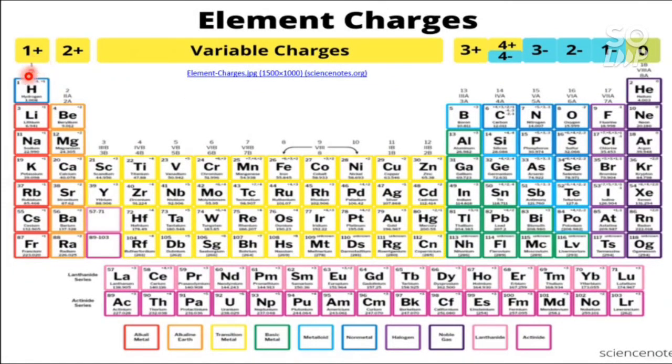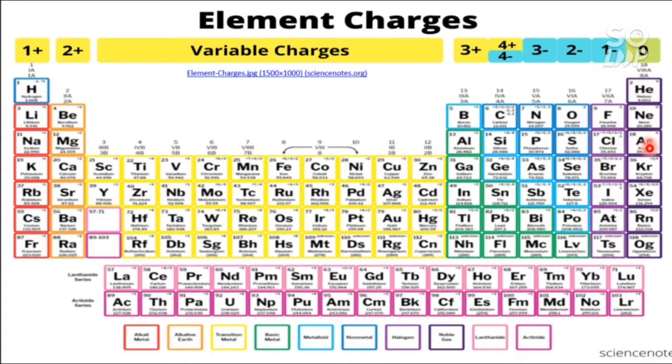In group 1, they all have positive 1. In group 2, they all have positive 2. Group 3, positive 3. Group 4 can either have positive 4 or negative 4. Group 5 has negative 3. Group 6 has negative 2 charge. And group 7 has negative 1.